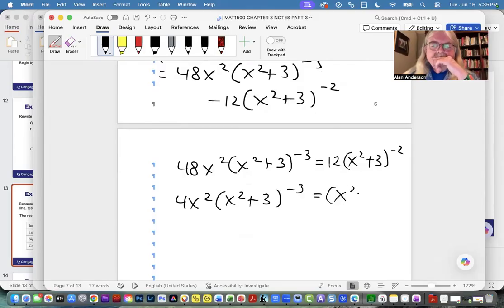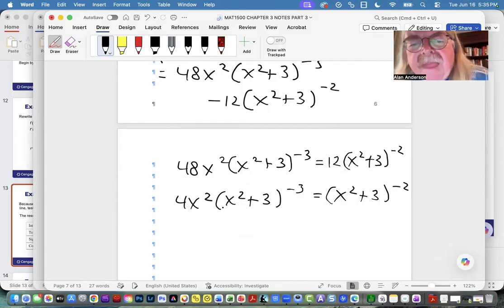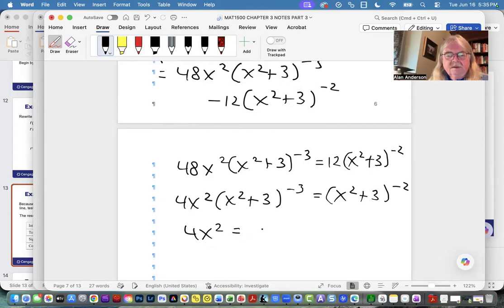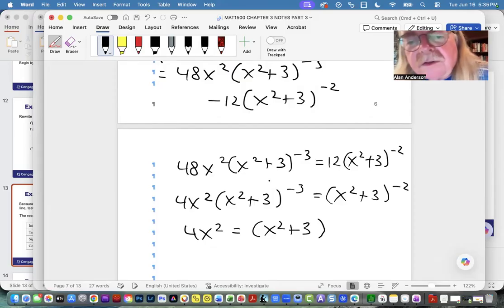I'm going to multiply both sides by x squared plus 3 to the positive third power. So that causes this to be 1.